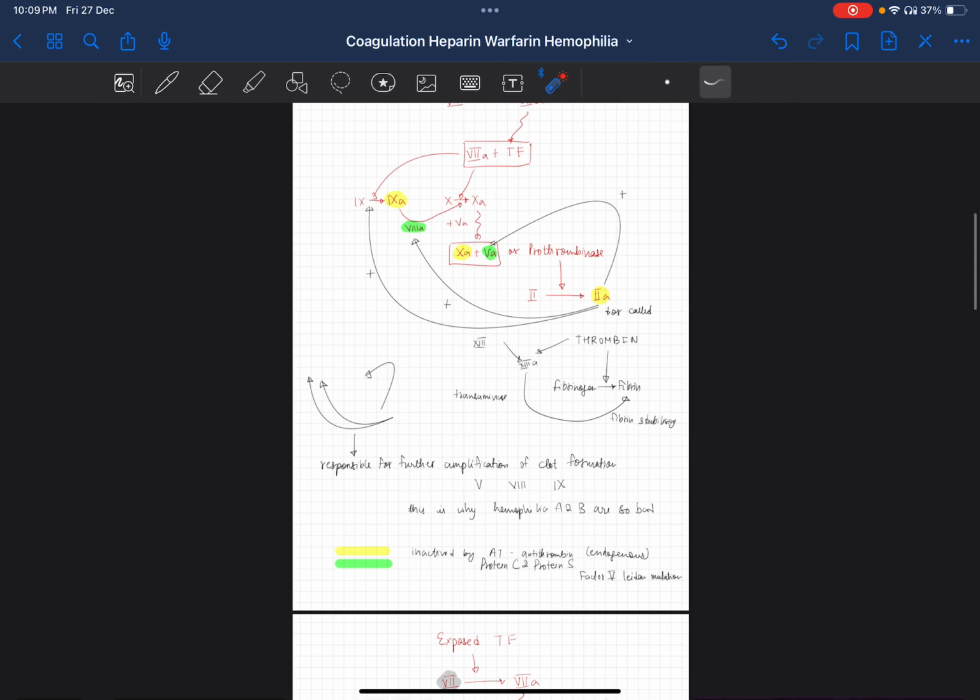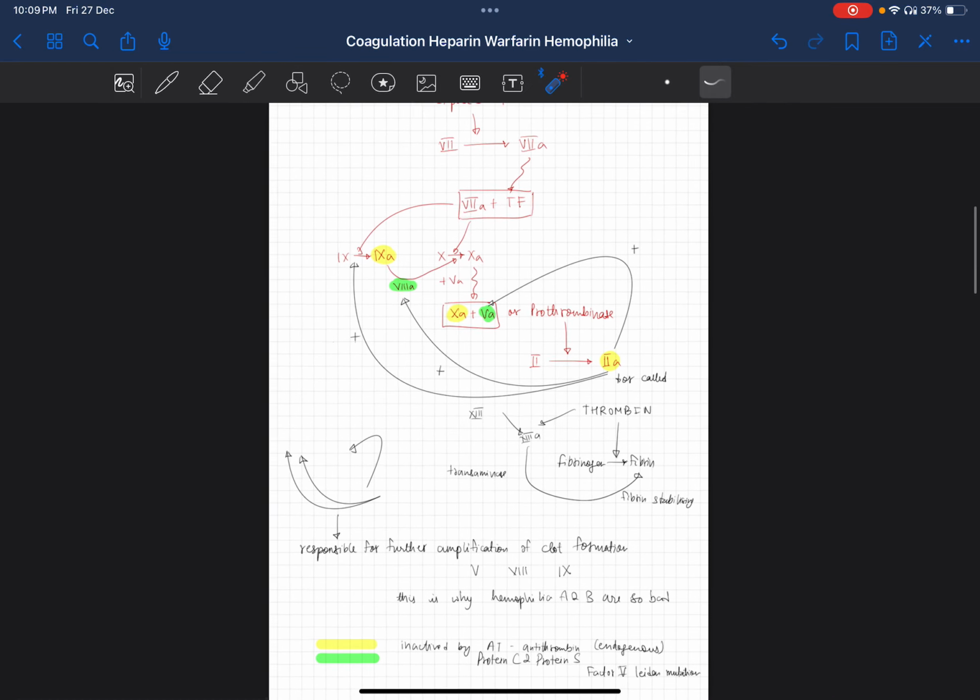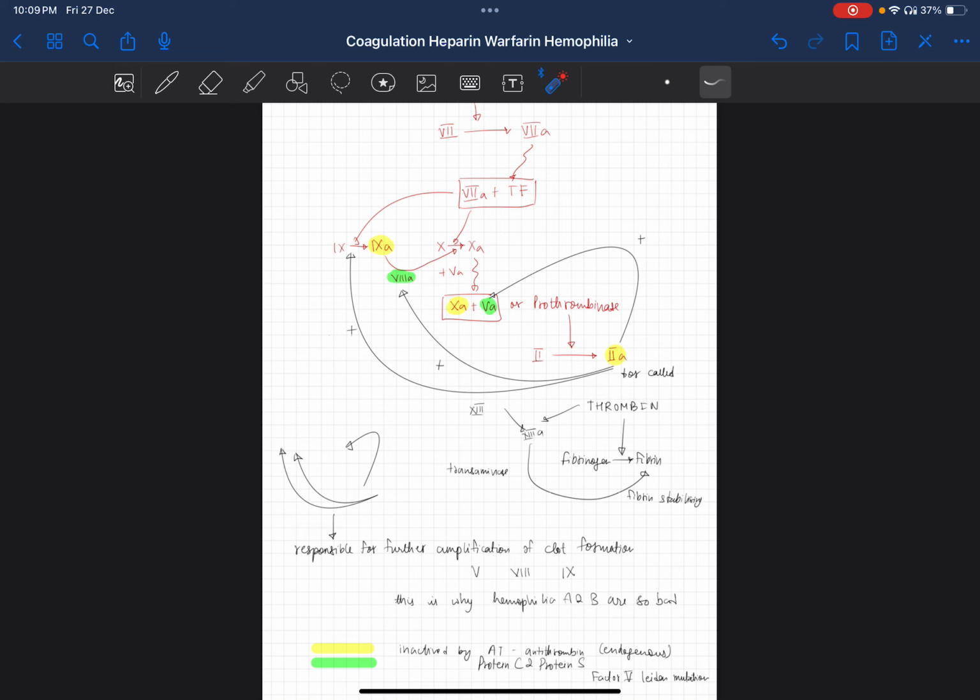Now, more discussion is required in this diagram. You can see the color coding here, yellow and green. It will not be carried forward just for this page only. Say you got bruised, for example. All of these clotting factors getting activated would cause clots elsewhere in the body also. Too many clots you would have. So physiologically, you see some anticoagulation, anti-clotting factors are also there.